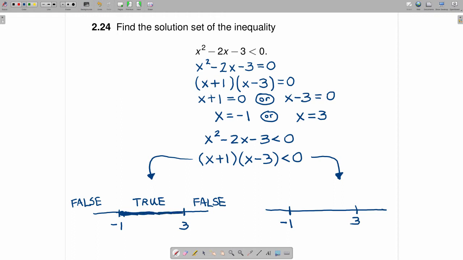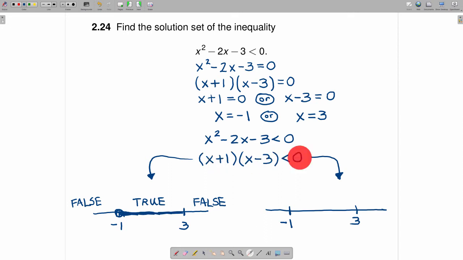Now you have to check the endpoints as well, that is negative 1 and positive 3. When you plug in negative 1 here, this becomes 0. And 0 is not strictly less than 0, so this endpoint does not get included. And likewise, over here with 3, you plug 3 in here, and you get 4 multiplied by 0, which is 0.